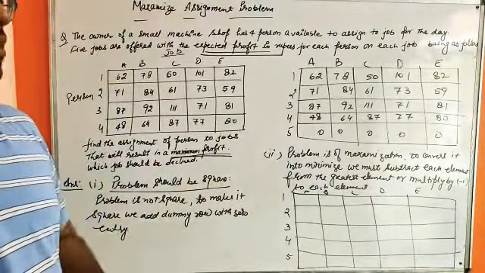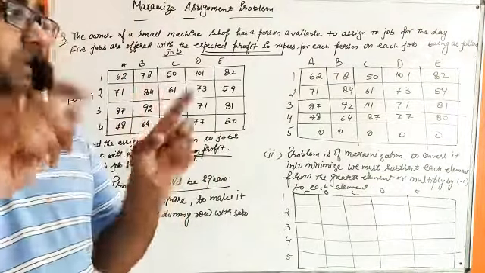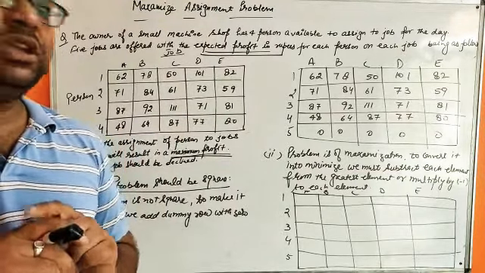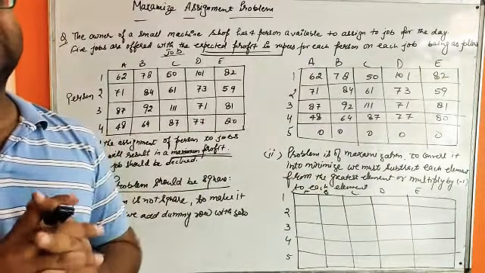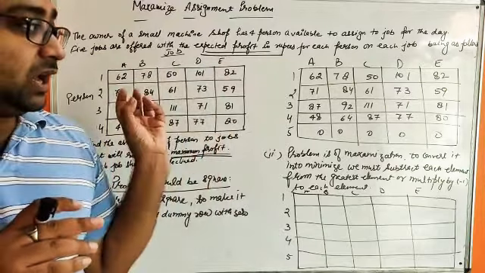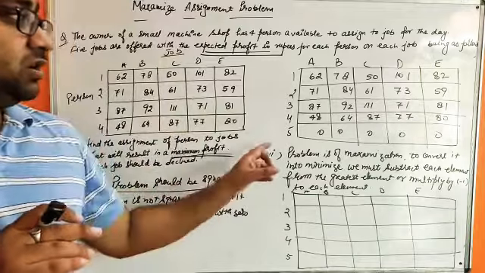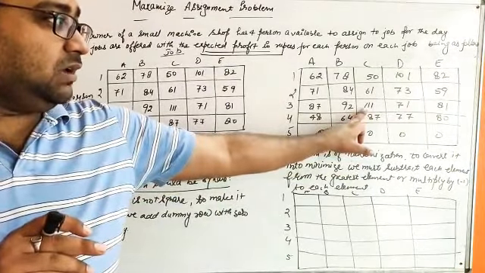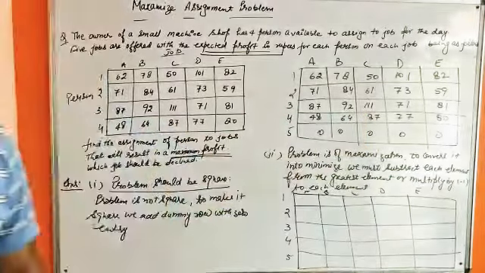So to convert it, we have two methods: either subtract all the elements from the very largest element or multiply by -1 to the entire matrix. The most easiest way is that we have to subtract each and every element from the very largest element. So here the very largest element is 111. So we have to subtract all the elements from this 111.